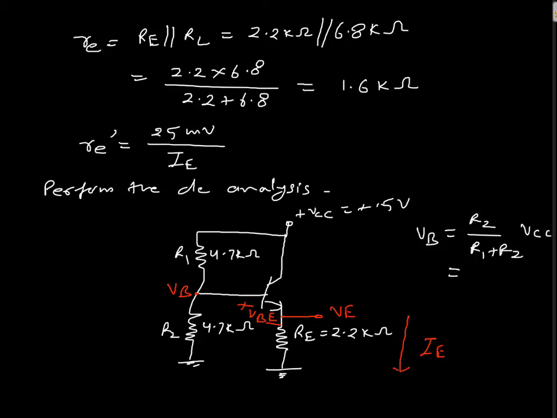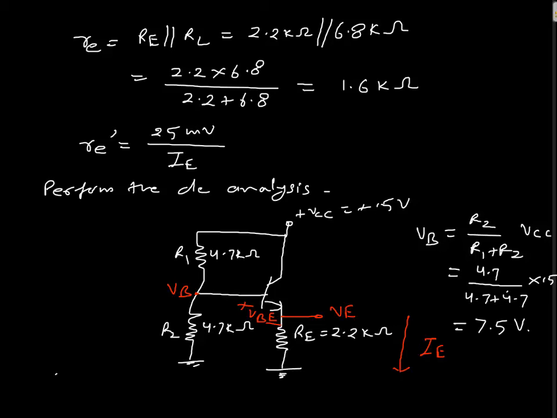By the way, this formula is not required because we know that R1 and R2 are equal, so VCC will be divided equally. So 7.5 is the answer we should get. That is 4.7 divided by 4.7 plus 4.7, all in kilo ohm, into 15. So 1 by 2 into 15, and the answer will be 7.5 volt. That is the value of VB.